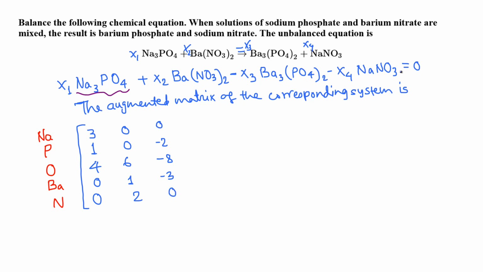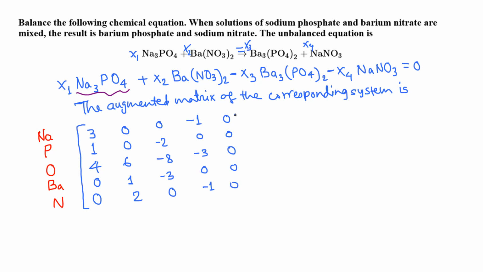In this fourth term, there's a negative sign here, by the way, sodium 1, so Na1 but negative 1, nitrogen just 1 but negative because of this negative sign, O3, oxygen 3, that's negative, and phosphorus none, barium none, 0, and it is equal to the right-hand side 0, meaning all zeros.